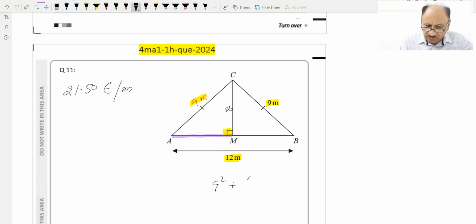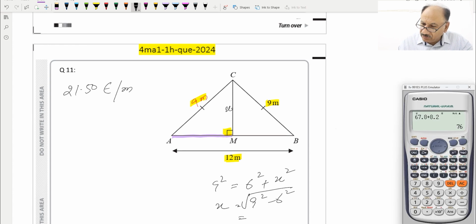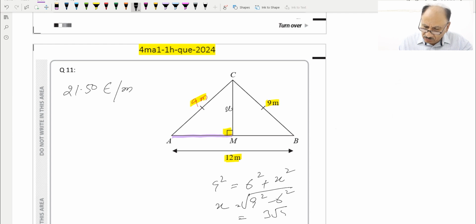Pythagoras theorem: a square is equal to b square plus c square. So 9 square is equal to 6 square plus x square. So x will be equal to the square root of 9 square minus 6 square, and this is giving us 3 square root of 5.